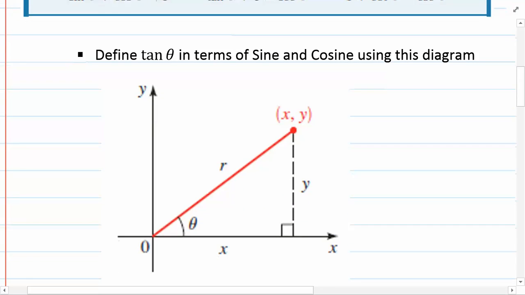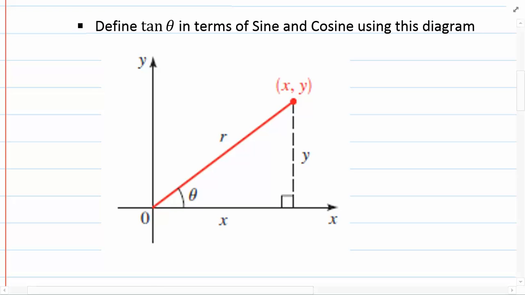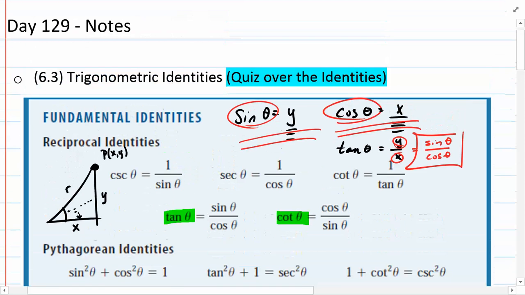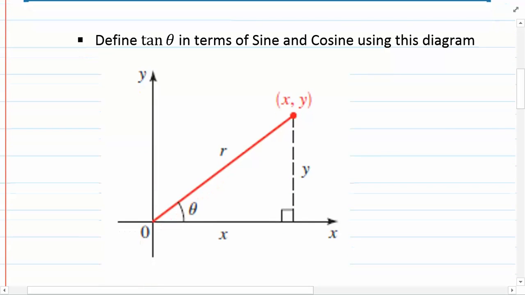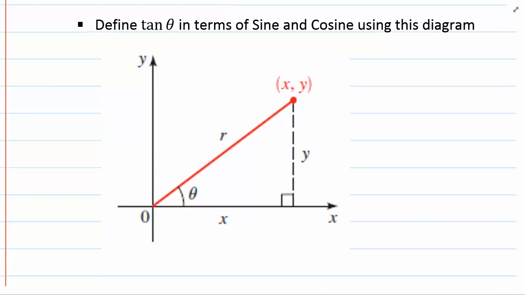Now, this part of the notes is really just a formal way of showing the commentary that I made just a moment ago up here in this part of our box. We need to define tangent of theta in terms of sine and cosine using this diagram. So this is an example of us being able to redefine or transform a value that's written in form of tangent into a form that utilizes two other trig ratios.